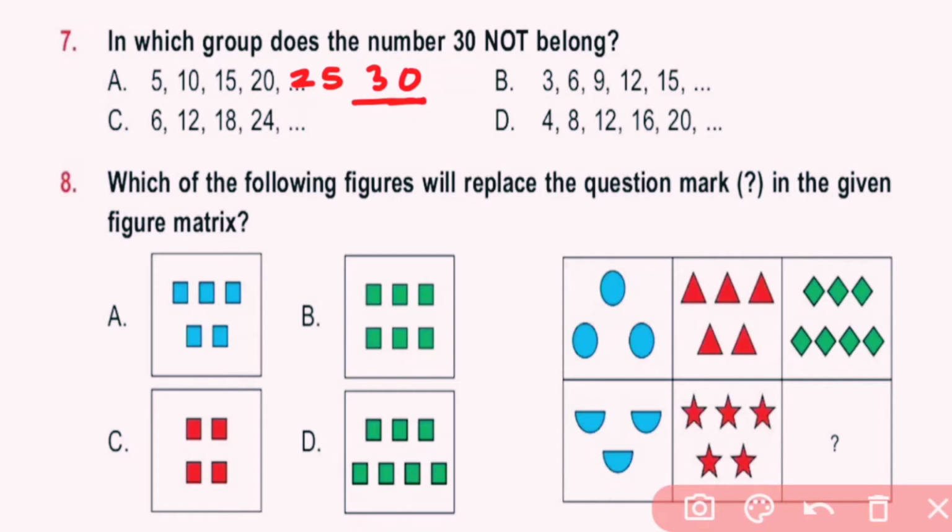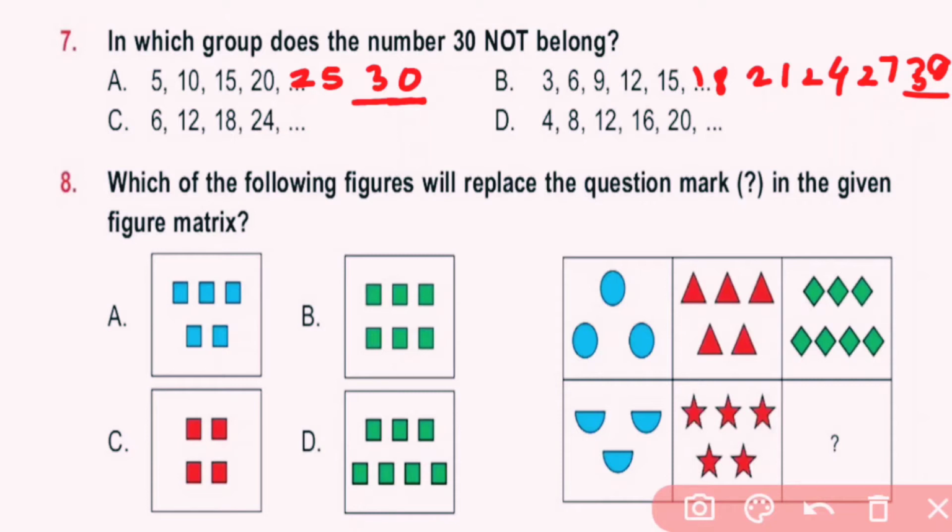Option B, 3 ones are 3, 3 twos are 6, 3 threes are 9, 3 fours are 12, 3 fives are 15, 3 6s are 18, 3 7s are 21, 3 8s are 24, 3 9s are 27, 3 10s are 30. So in option B, 30 is present.